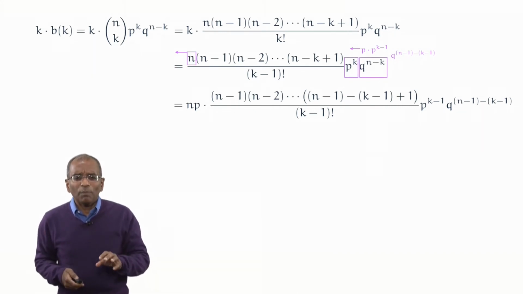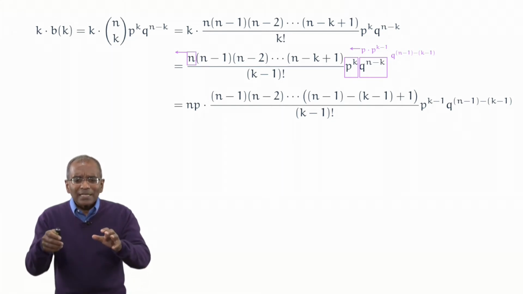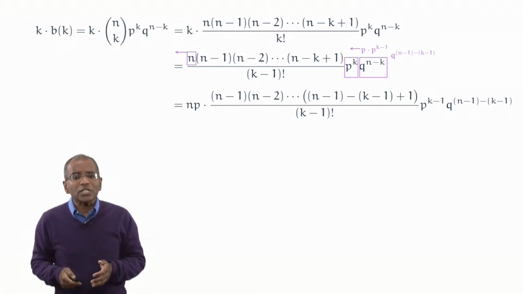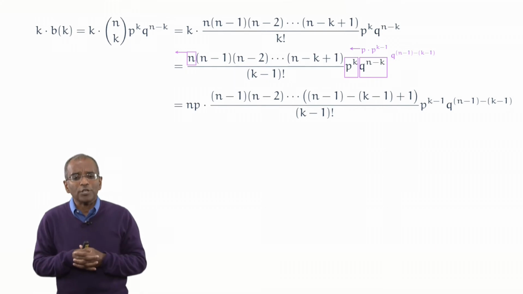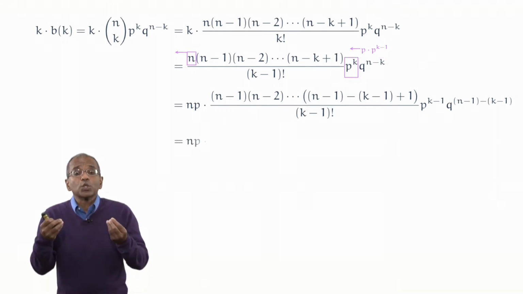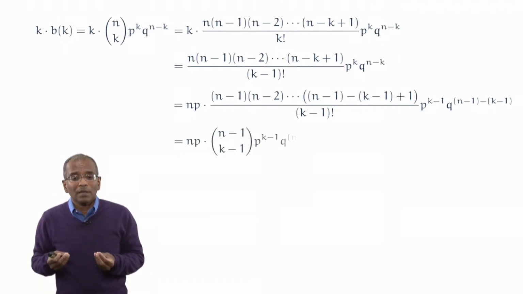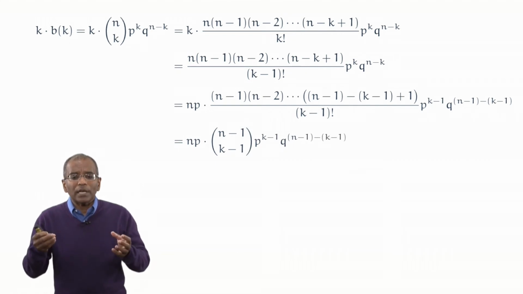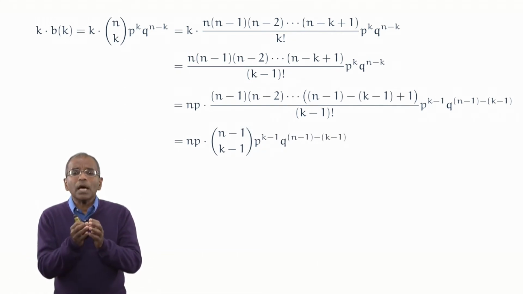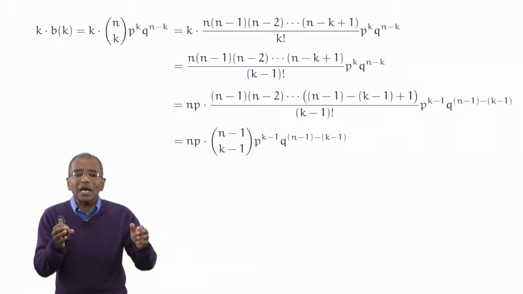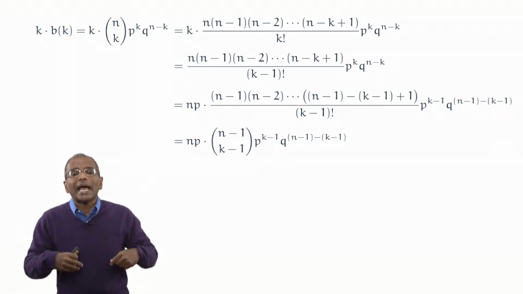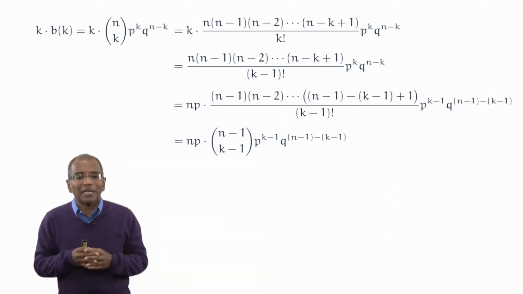That looks horribly complex, but you realize that the expression, the fraction, is just another binomial coefficient. It is just n minus 1 choose k minus 1. And immediately, the term multiplying n times p becomes identified with yet another binomial probability.